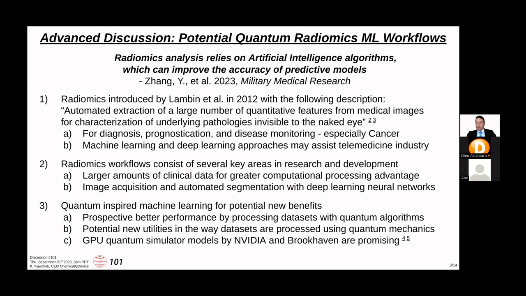And then where quantum comes in is prospective better performance. So when you're talking quantum physics and quantum algorithms and data sets and these types, you're talking about a new utility, a new way of processing patient data that's never been established before. And there's multiple ways of going about that. But the most promising right now in workflows, because of a number of reasons I previously published on the site, is basically these quantum simulators.